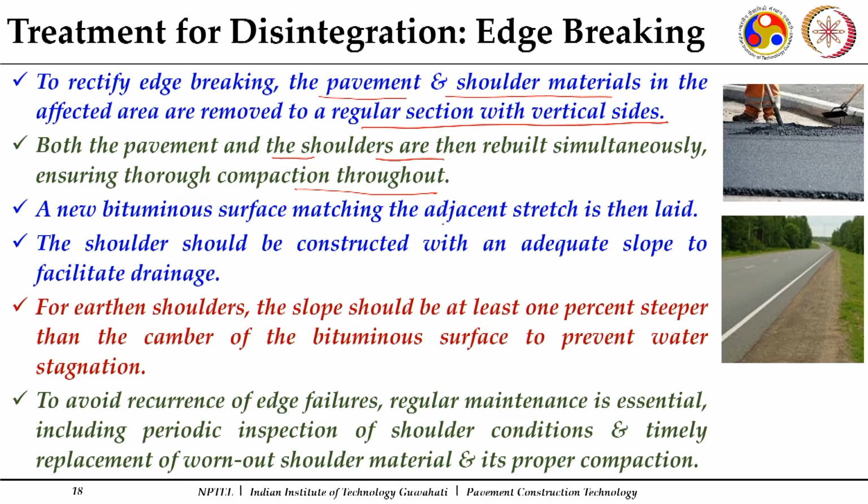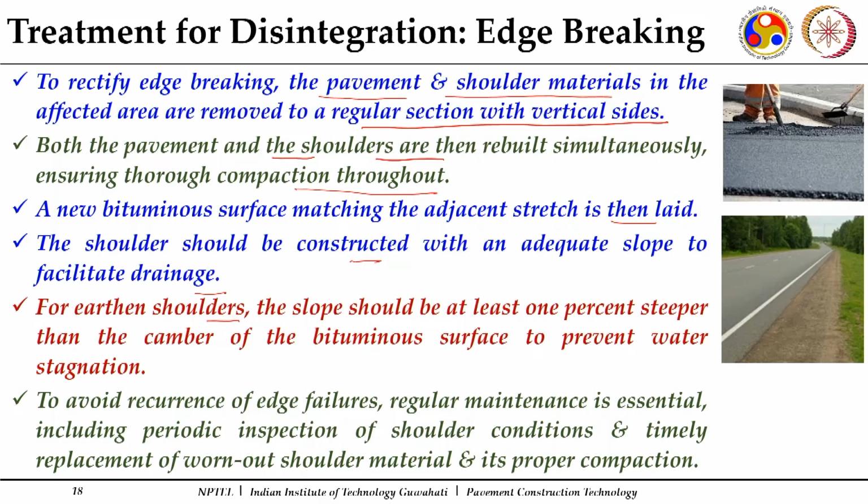A new bituminous surface matching the adjacent stretch is then laid. The shoulder should be constructed with an adequate slope, which is again an important aspect. Usually earthen shoulders have a camber around 1% more than the camber of your carriageway, so that the water can quickly get removed, and the shoulder material has to be as per the required guidelines.